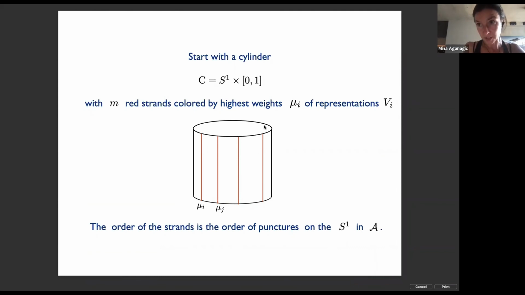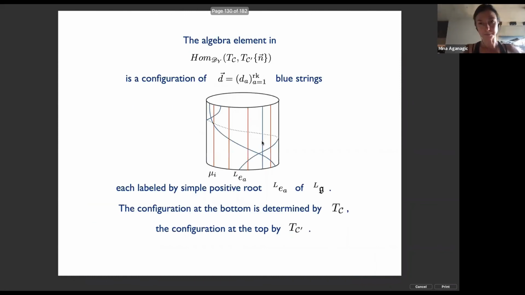And the vertical direction is the space direction of the Landau-Ginzburg model. The algebra element is a configuration of strings, which are colored blue, but each is labeled by a choice of a positive simple root of the Lie algebra. The configuration at the bottom is determined by the in symbol, and the configuration at the top by the out.